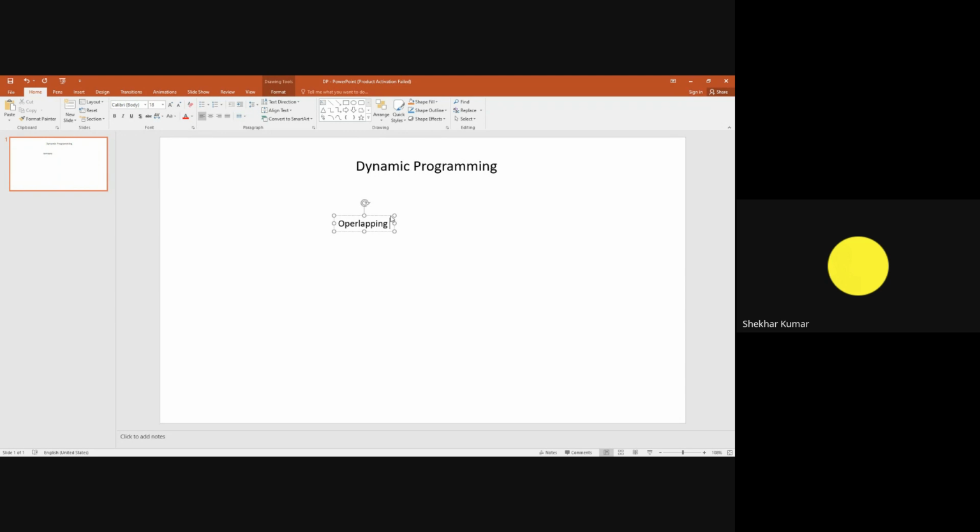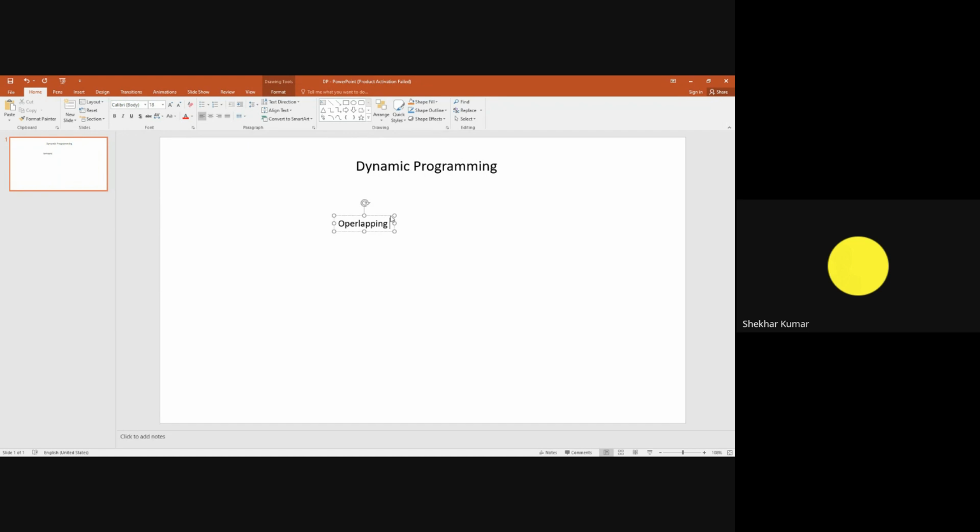In case of a greedy algorithm, the local optimization is addressed. But in a dynamic algorithm, we have an overall optimization of the problem.